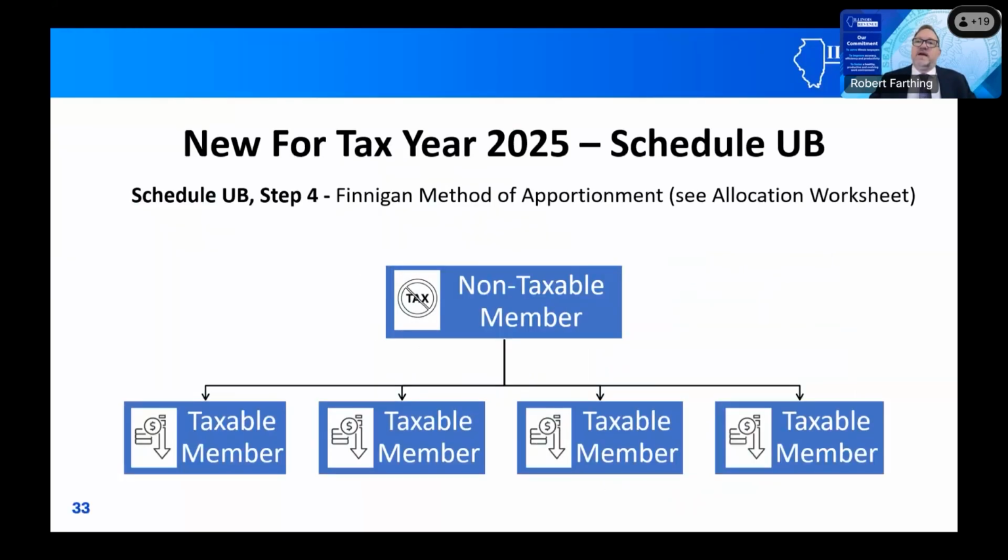A final change that I'd like to address for the 2025 tax year is related to unitary business groups. Effective for tax years ending on or after December 31st of 2025, Illinois unitary taxpayers must follow the Finnegan method of apportionment when calculating their apportionment factor on the Illinois Schedule UB, the combined apportionment for unitary business groups.